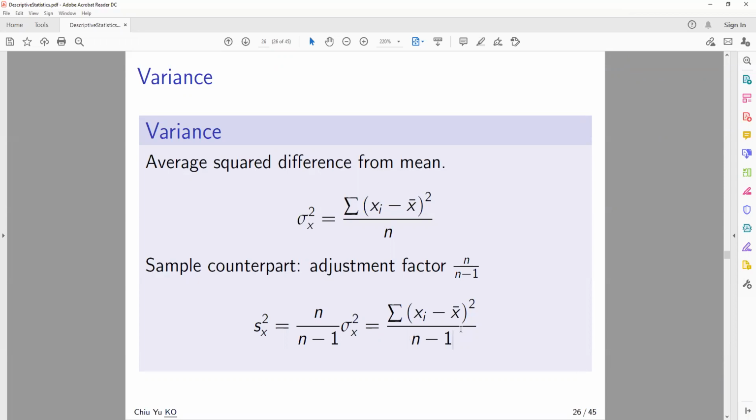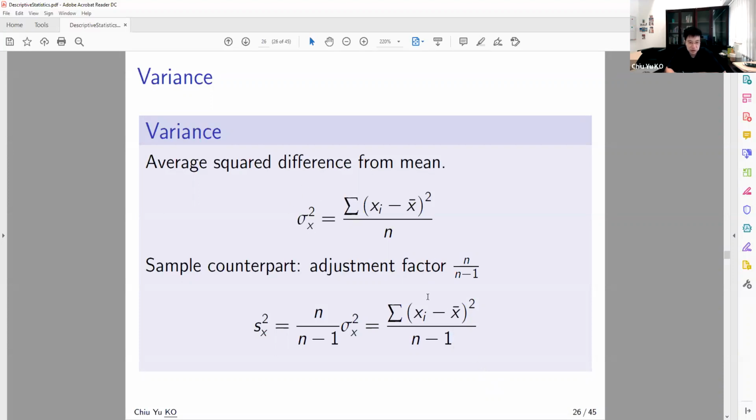So if n is small and you want to estimate this guy, this is the better measure. But remember, you are using this to measure the population variance.